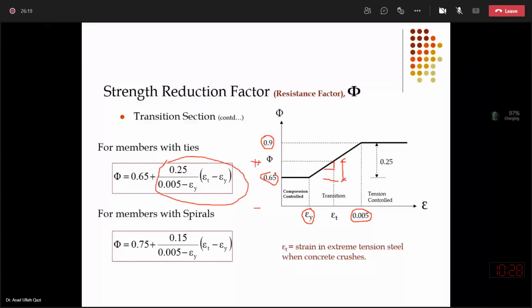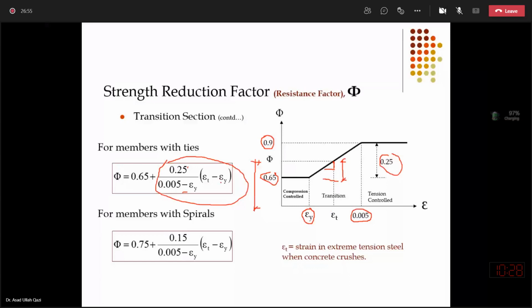Now the slope of this line is actually the difference 0.9 minus 0.65, which is 0.25, divided by the difference in base, 0.005 minus epsilon y, which is over here, and then I will multiply this slope with the epsilon s, which I will get from the analysis, that is, how much is the steel strain.